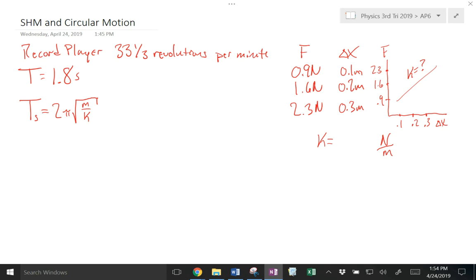The clock is just going to go ahead and calculate the regression. 6.6, 8.1.